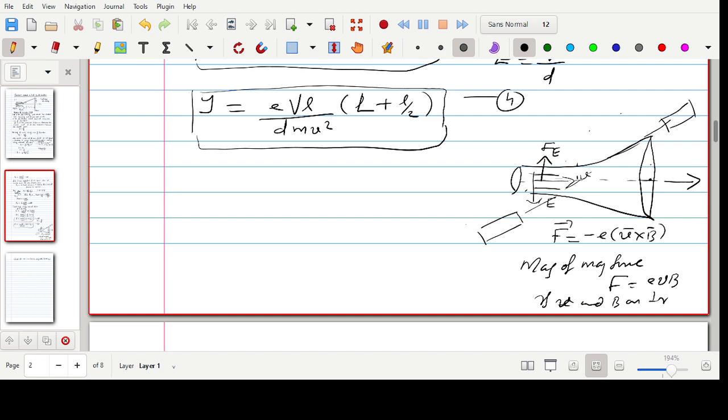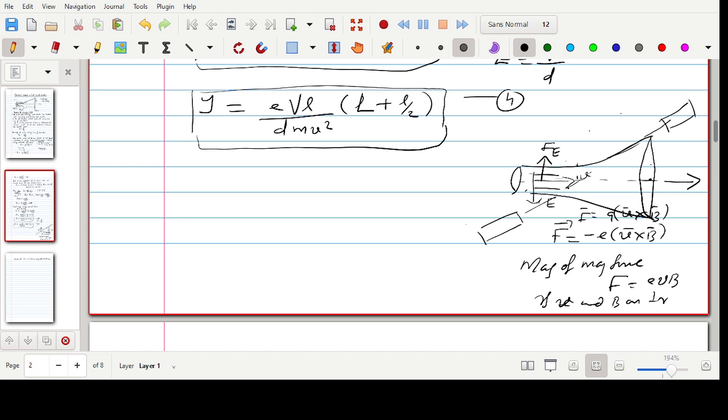The expression for force is F equal to qV cross B. For a positively charged particle, the force is along the direction of V cross B. For a negatively charged particle, the force is opposite to the direction of V cross B. So here electrons are moving, so the magnetic force should be opposite to V cross B.